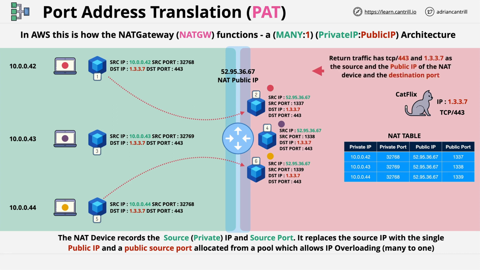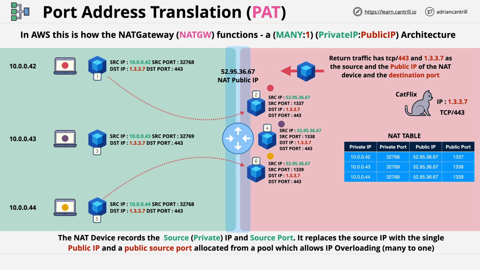So when return traffic occurs, it will be from TCP port 443 with a source IP address of 1.3.3.7. The destination IP will be the NAT device's public IP, so 52.95.36.67, and the destination port will be the public source port the NAT device initially translated to.